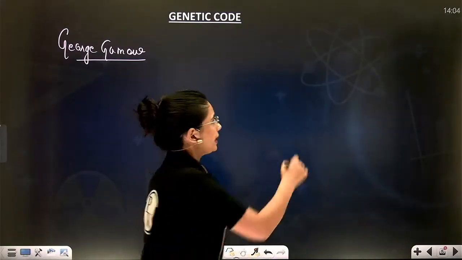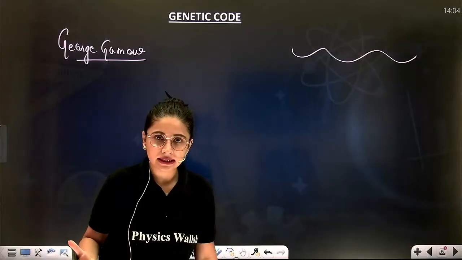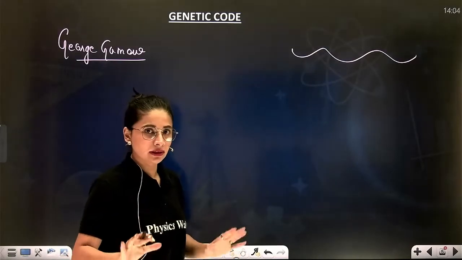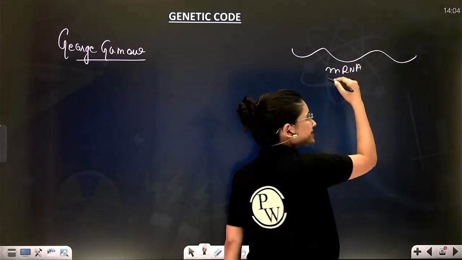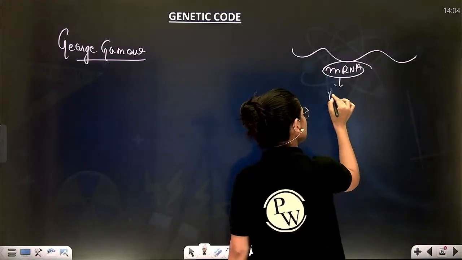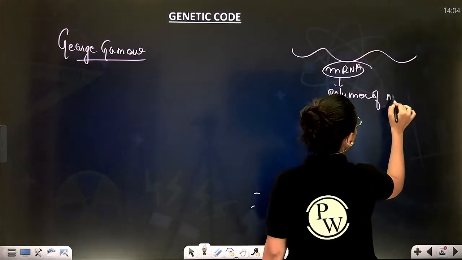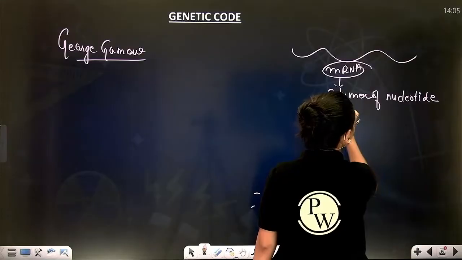Now, see, mRNA is a polymer of nucleotides. There are 4 types of nucleotides possible, right? Now, suppose this is an mRNA chain. It is messenger ribonucleic acid. That means this RNA is a polymer of nucleotides.